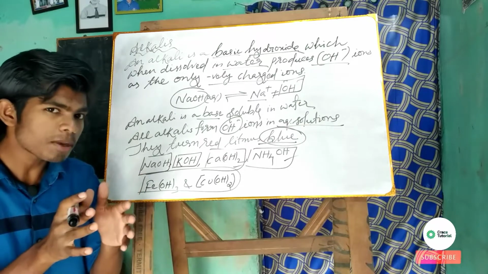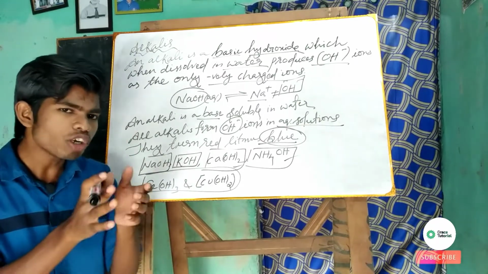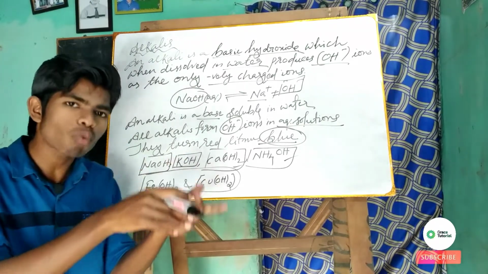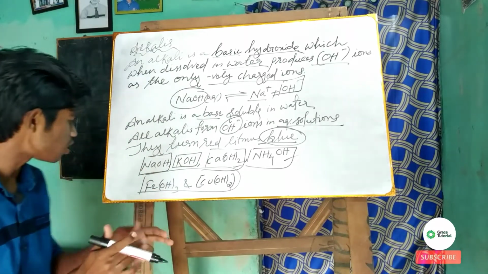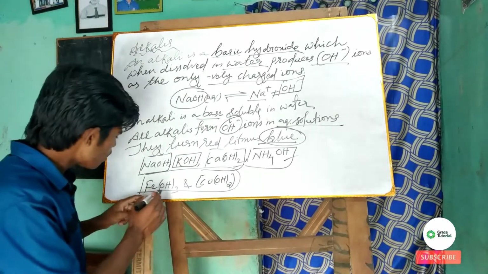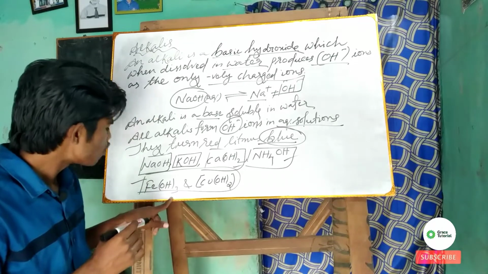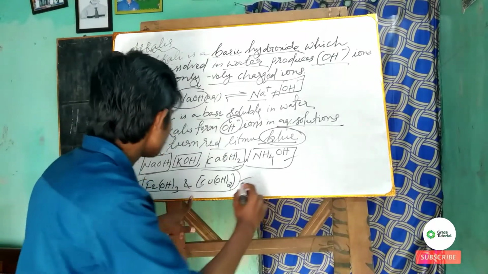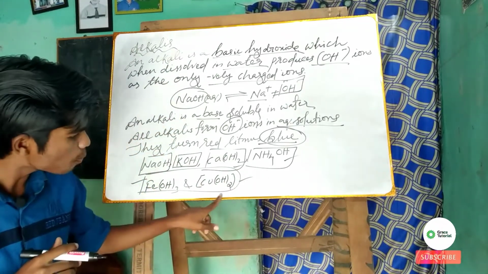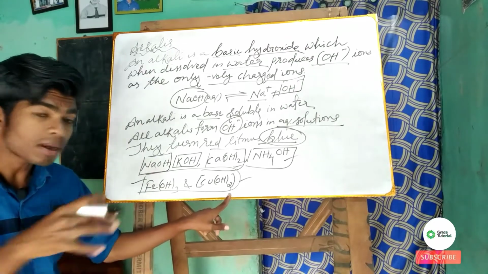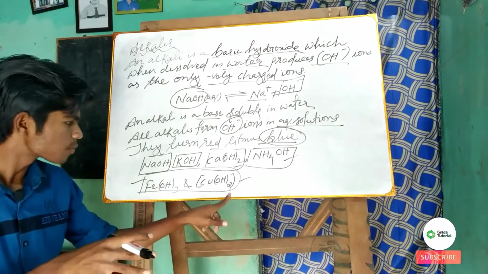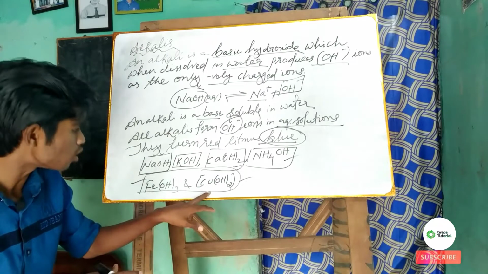But you need to remember here that all the alkalis are bases, but all the bases are not alkalis. Why? Because there are some bases which do not dissolve in water. For example, ferric hydroxide and cupric hydroxide are bases, but these are not alkalis because they do not dissolve in water.